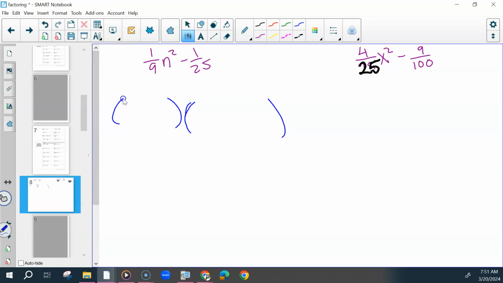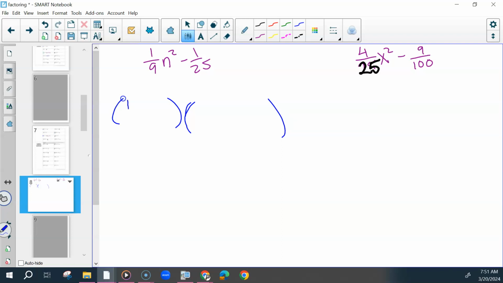Except when you do difference of squares with the fractions, you have to think about, are both of these perfect squares? Could I find something that multiplies to this, the same something for this part, the numerator and the denominator, for both pieces? So what times what would give me 1?